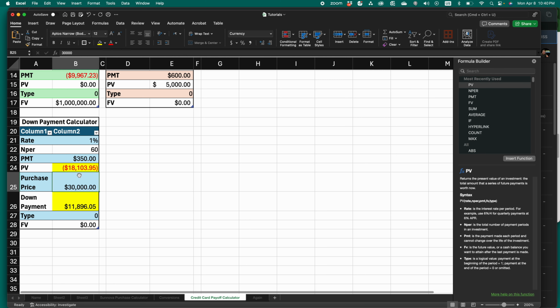But let's say the vehicle is $30,000 and you still want to keep it there. Then you've got to come up with this down payment. So I just walked you through how to create the present value equation. Now we need to create what the down payment is, and it's just the purchase price minus the present value. So we go equals this cell minus this one.